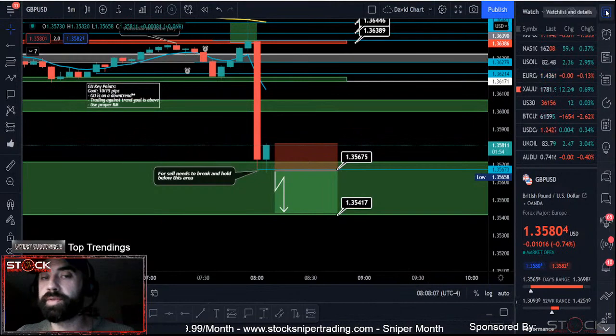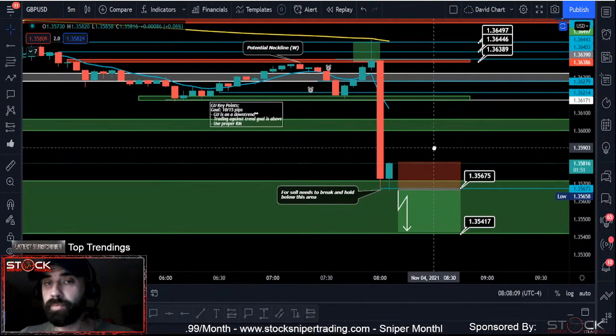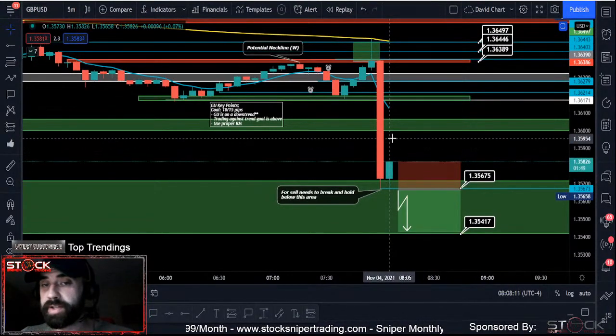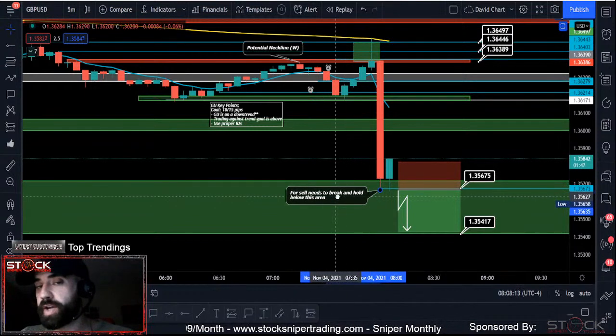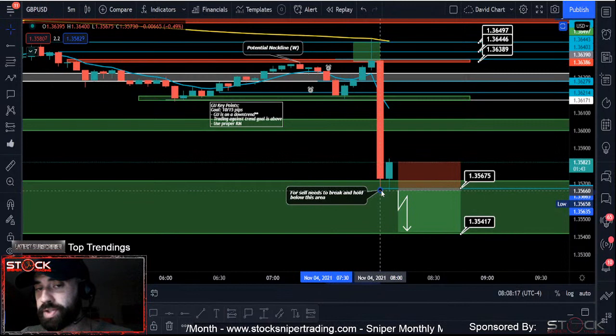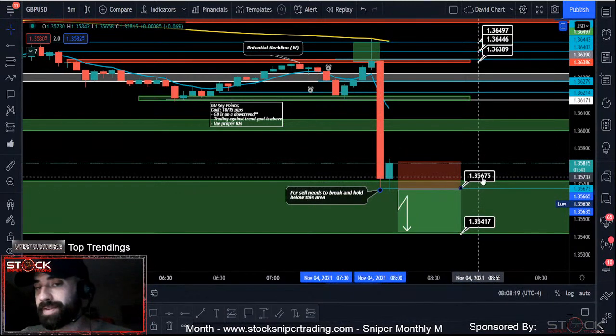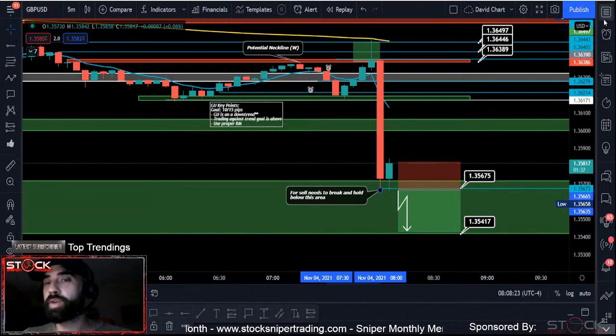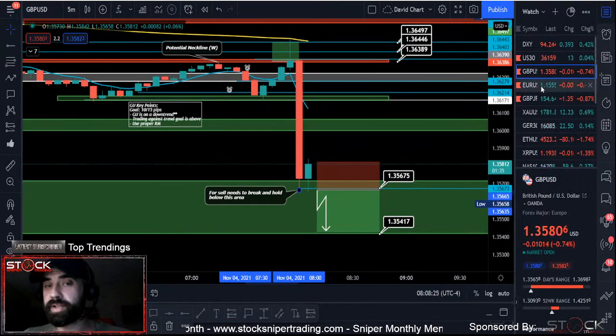Okay, so let's watch for the bounce. If not, you can see GU start to rise. I just put this here just so you guys can start to understand. For sells, it needs to break and hold this overall area, 35675.